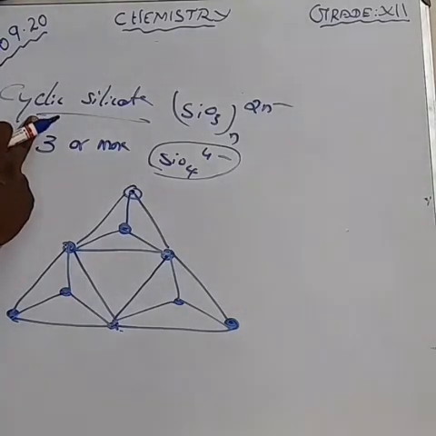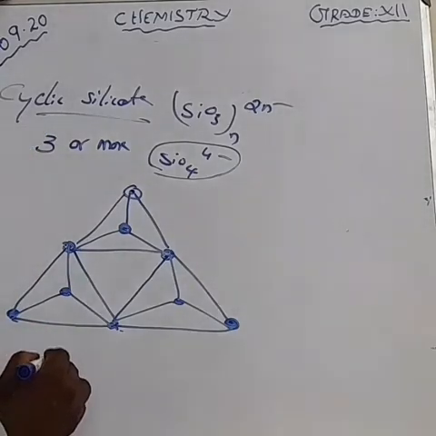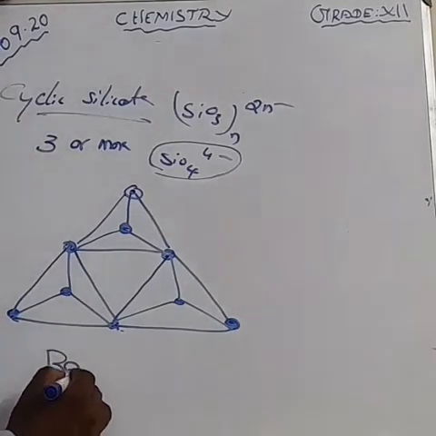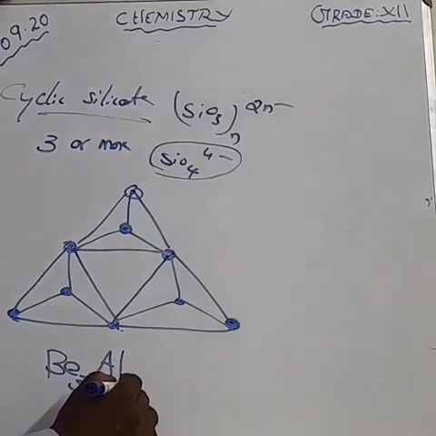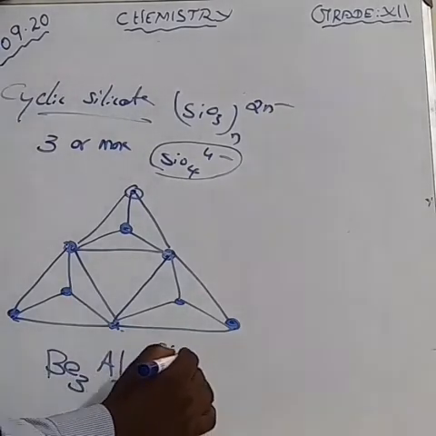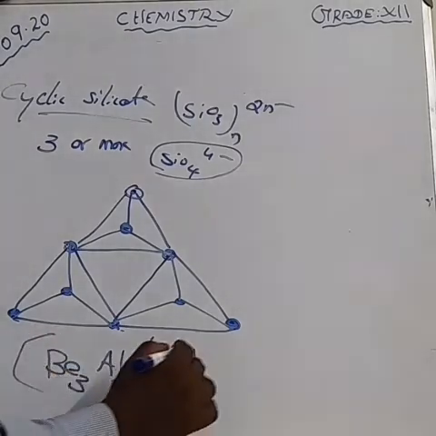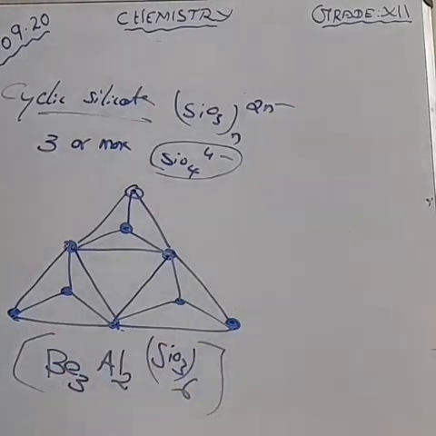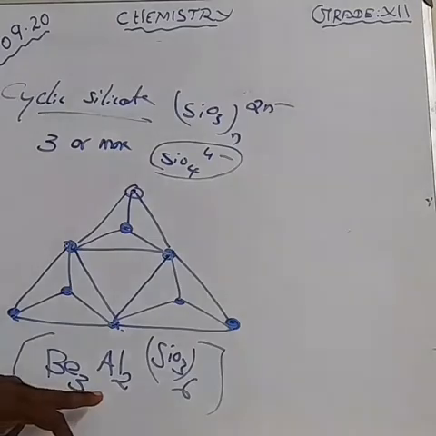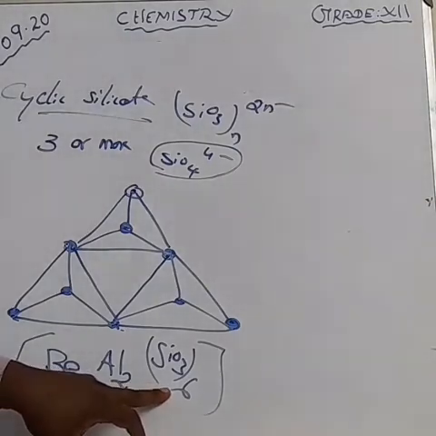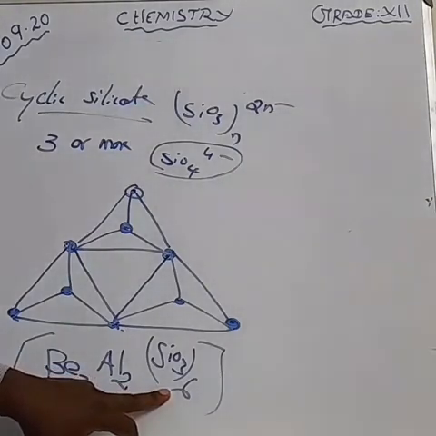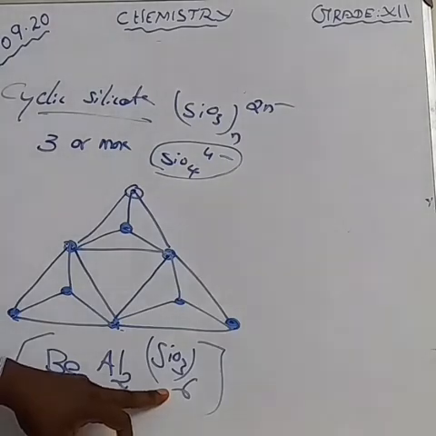Here, the example is beryl. What's the formula for beryl? Be3Al2Si6O18, that is SiO3 six times. This is an aluminosilicate.